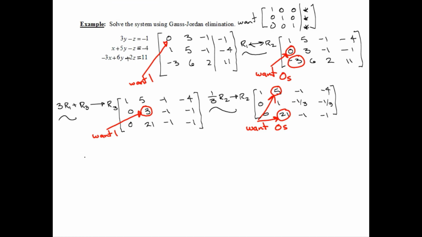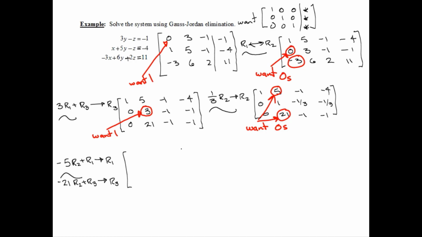So we are going to take the opposite of those numbers. So negative 5. Now we're going to take that negative 5, multiply it by the row with the leading 1, which will be row 2. We're going to add to row 1 and then back into row 1. And on the third row, we're going to take the opposite, so negative 21, row with the leading 1, plus the row we're working with, row 3, and then back into row 3.